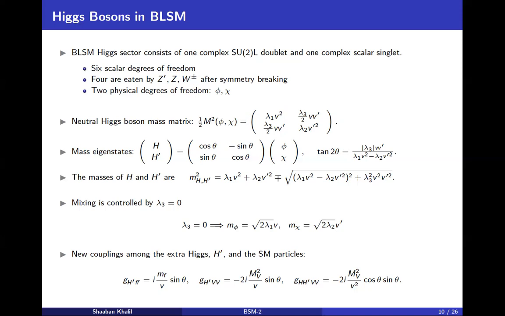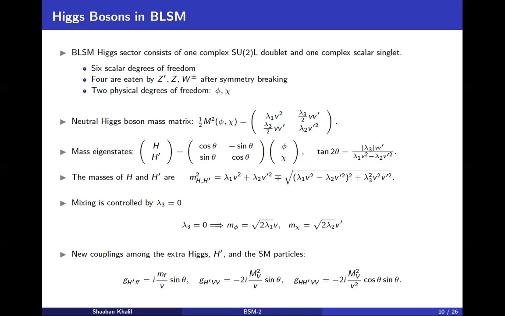Due to lambda 3, this "stupid" lambda 3 makes some mixing between them. Otherwise, this would be like the standard model, and this would be independent, with lambda 2 and v prime mass, and that's it. But lambda 3 is not so stupid, it's good because it makes chi also have some interactions with the sector of the original Higgs field, the electroweak sector, our standard model sector.